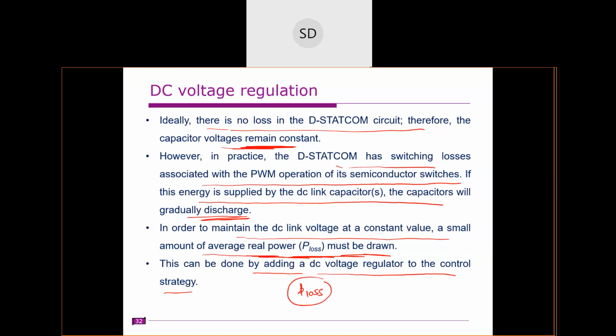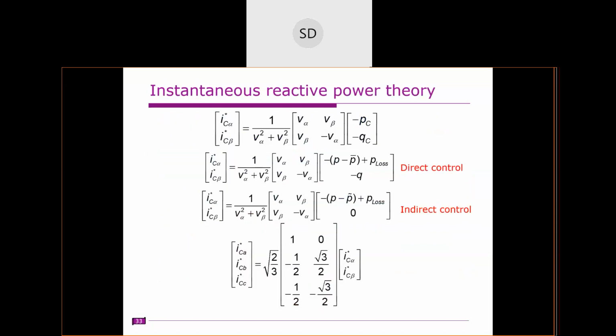Now our objective is to generate the reference current for either the D-STATCOM or the supply. Earlier we already discussed that in the direct method, which elements that are present in the compensating current do we need to eliminate?